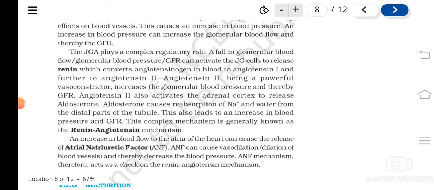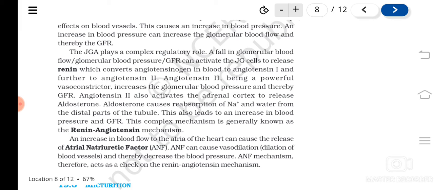Then another mechanism is the JGA. We have already seen that in the live class, isn't it? If there is a fall in glomerular blood flow, or glomerular blood pressure or GFR, they activate the JG cells and they produce renin.